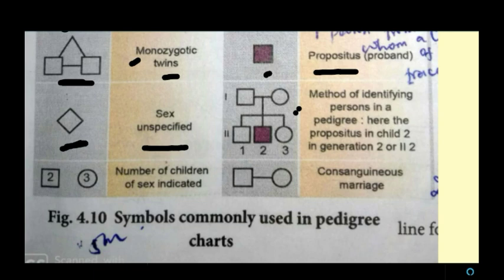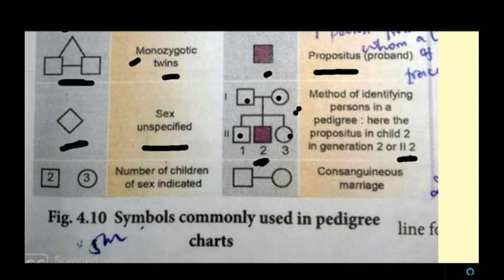Here, these persons are normal. But in the second generation, the second person is the affected one. That means that person possesses that particular trait, that particular gene. So here it's a method of identifying a person in a pedigree. Here the propositus is child 2 in generation 2, the second generation.